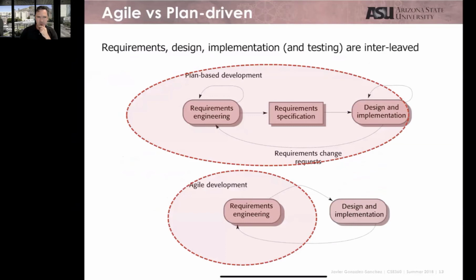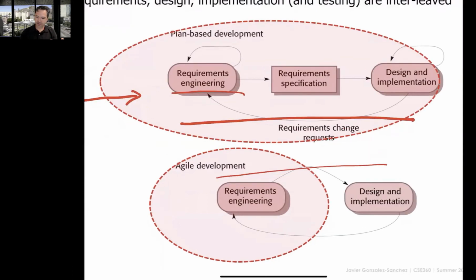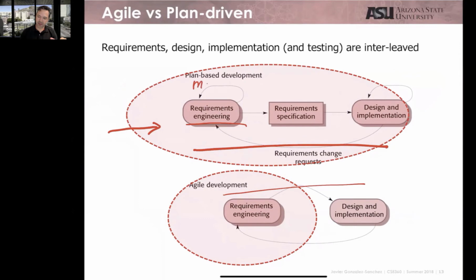Now, what is the difference of this versus Agile? Well, the important thing here is this versus this. In the plan-based, number 1, you're going to work on the requirements, usually for a long period of time, maybe months.